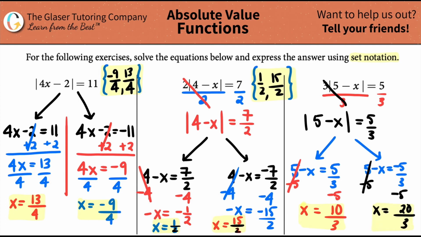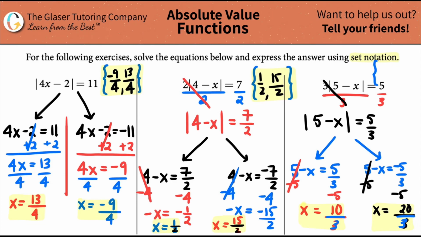Now we just gotta put it into set notation. I'll put the set notation up here. Which one is the smaller number? Which one is the larger number? Well, they're both positive, so I can't do it that way, but they have the same denominator, right? So just look at the numerator.